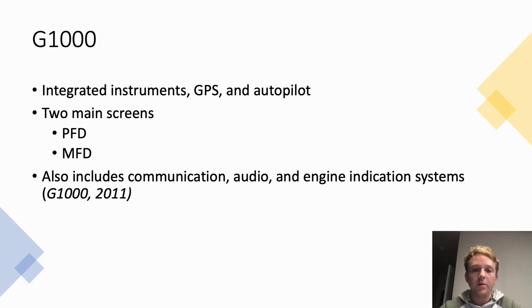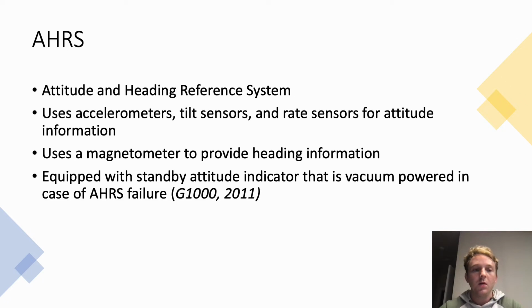Two main screens, you get the PFD and the MFD, which both have the GPS integrated into them. Not necessarily separate GPS systems, but they both have the GPS integrated.